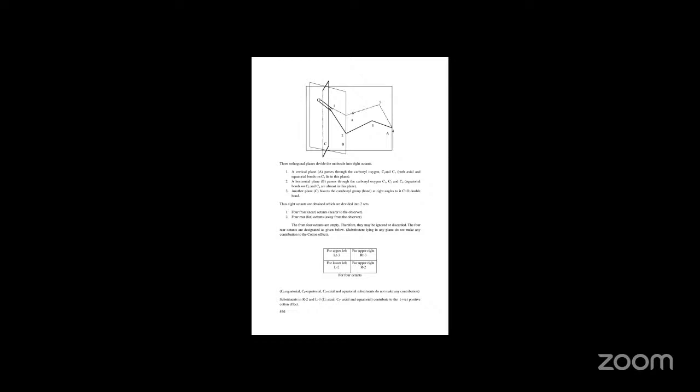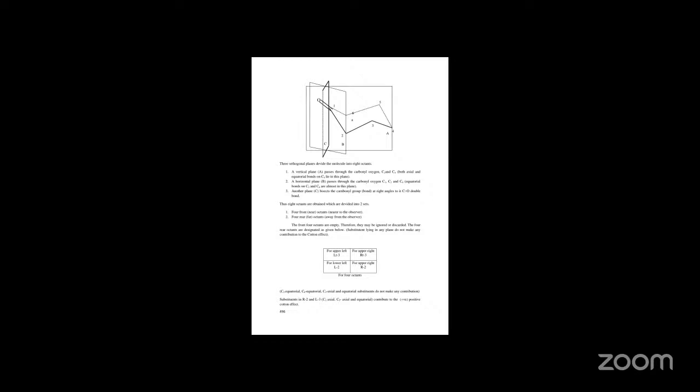Three orthogonal planes divide the cyclohexanone molecule into eight octants. A vertical plane, denoted A, passes through the carbonyl oxygen, C1 and C4; both axial and equatorial bonds on C4 lie in the plane.